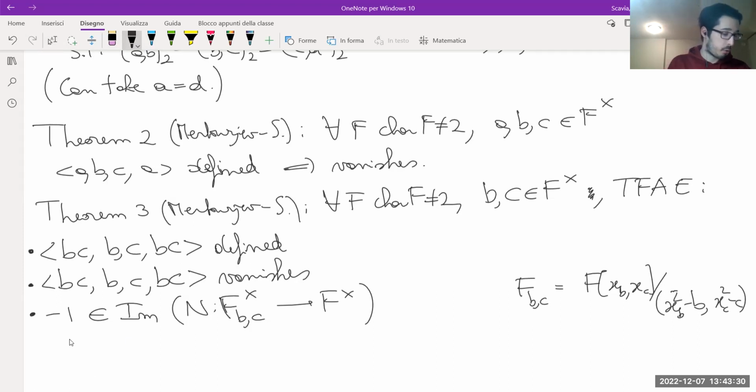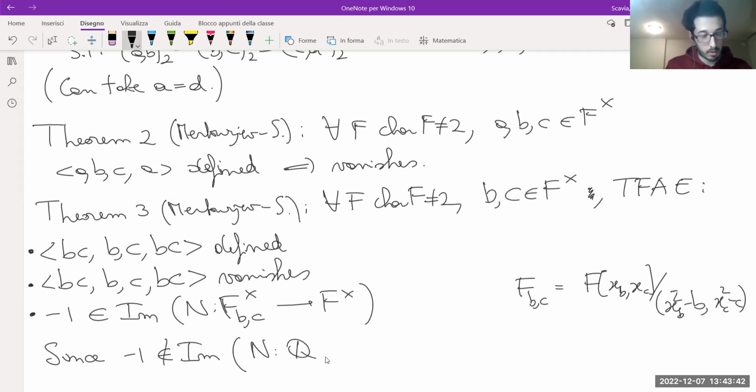And in particular, using theorem 3, since -1 does not belong to the image of the norm map from Q(√2,√17) to Q*, this recovers our example of Harpaz and Wittenberg. Maybe for Q, let's just use the square roots, since this is actually a field.